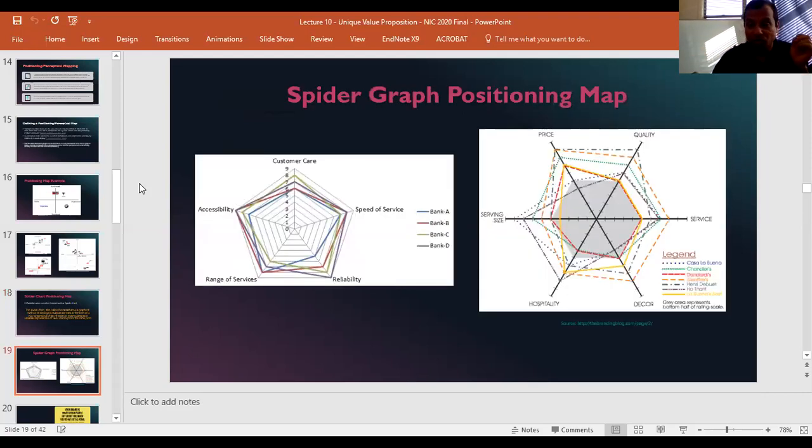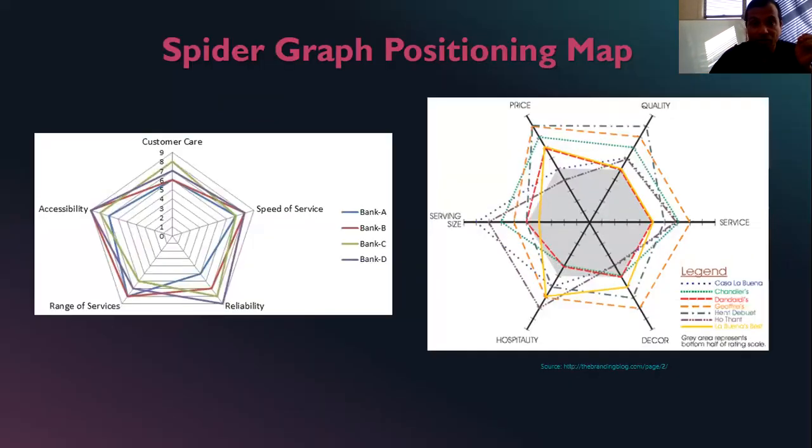I'm sure you are familiar with this spider graph or spider chart. So what I said, if you have more attributes on which you would like to position yourself, or if you want to see how your positioning is better or not better compared to competitors, this spider graph will help you in that regard.